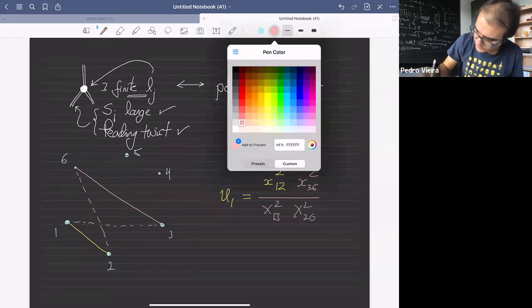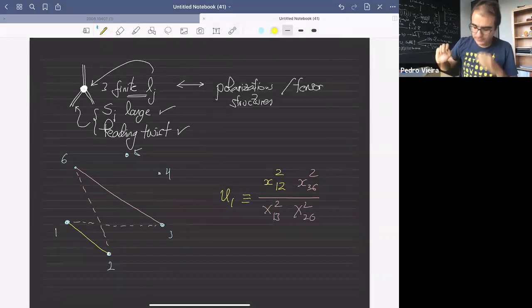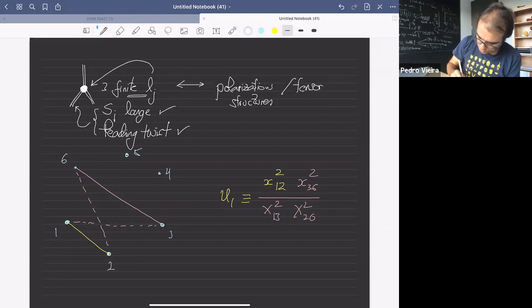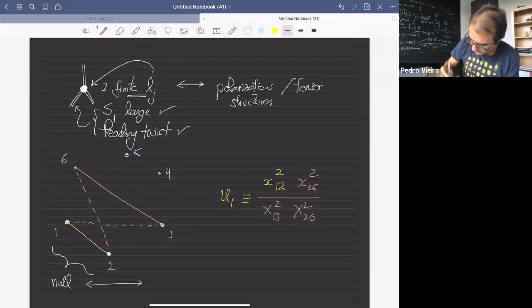All right? So this is the definition. Now, taking points 1 and 2 to be null, as a very sharp mathematical statement, you take the cross ratio U1 and you send U1 to 0.